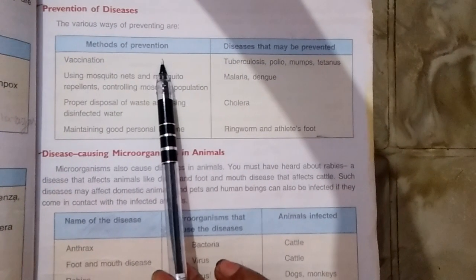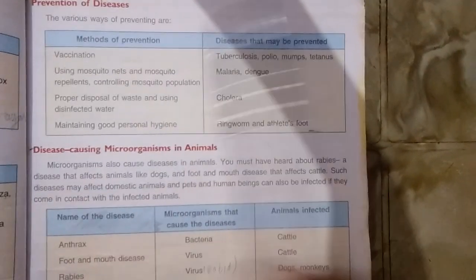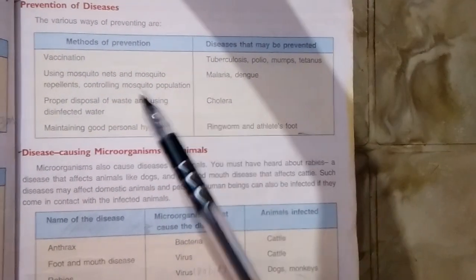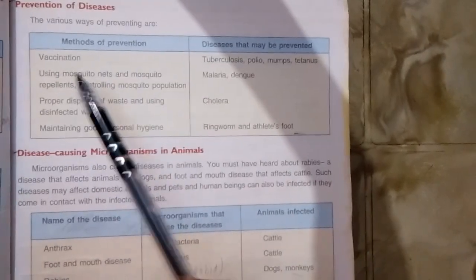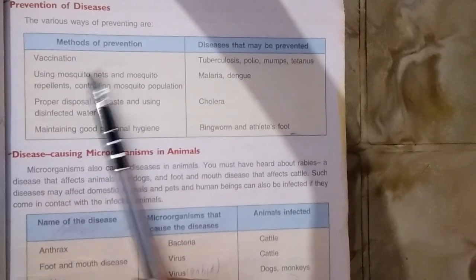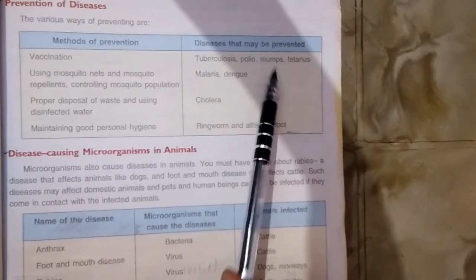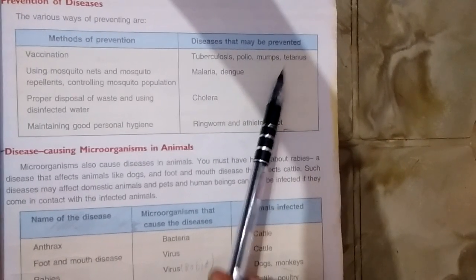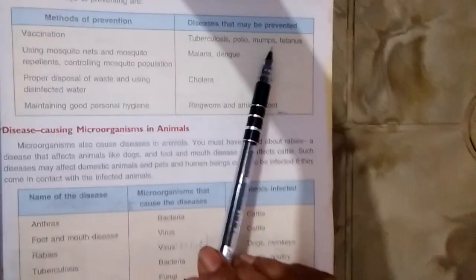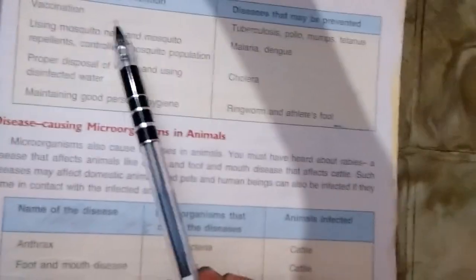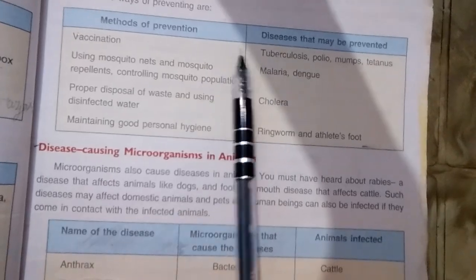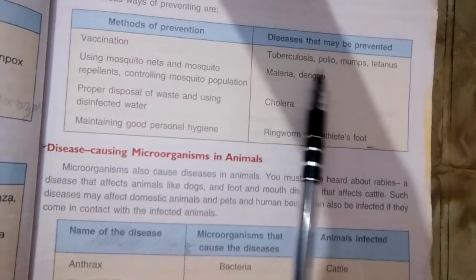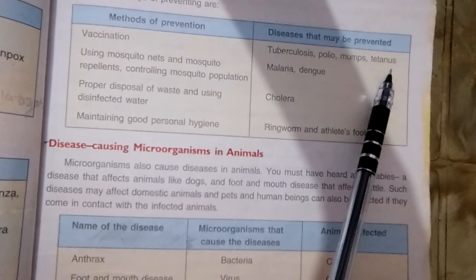So, the methods of prevention: first of all, vaccination. Vaccination against tuberculosis, polio, mumps and tetanus is available in our country and in other countries also, and by vaccinating people we prevent diseases like tuberculosis, polio, mumps, tetanus, etc.